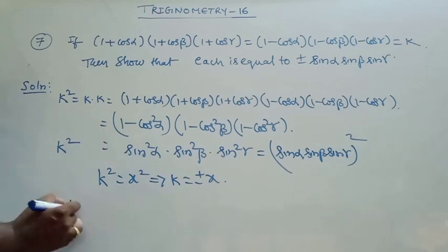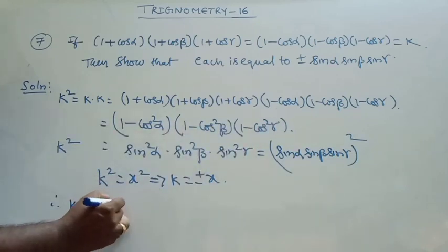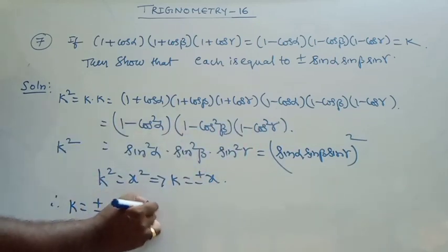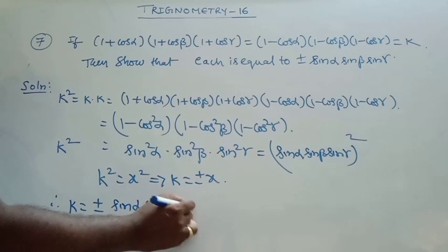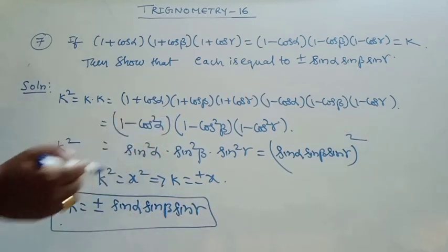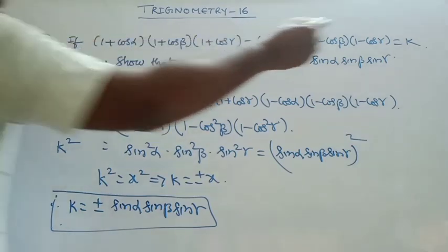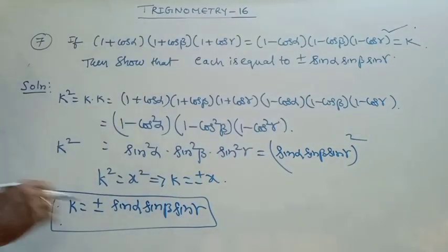Therefore here k equals ±, and in the place of x you are having sin α sin β sin γ. Therefore you proved that each of them, which is equal to k, equals ± sin α sin β sin γ. In this way you will be doing this particular problem.